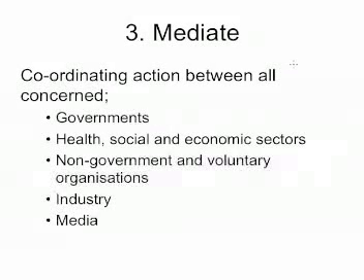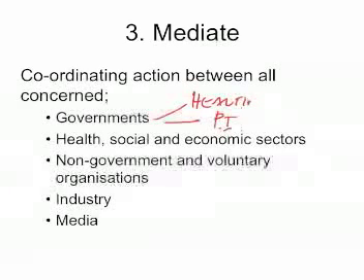Now, the third aspect of health promotion practice is to actually mediate between the different stakeholders. So, in terms of government, with the fish issue, you might certainly liaise with the health department, but you would also be liaising with primary industries. You might also liaise with agriculture, the portfolio where fishing is looked after.